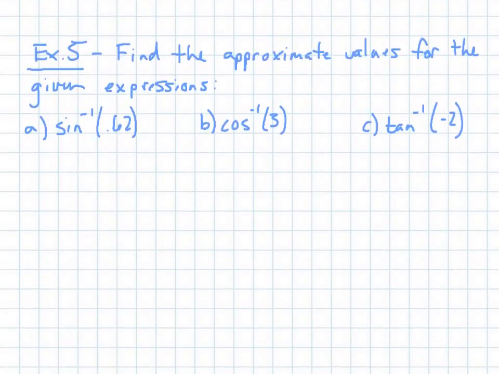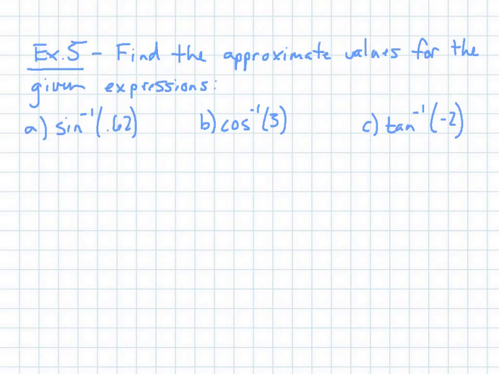If I want to find the approximate values, this is where your calculator comes into play. So I'll show you this specifically. If I want to find inverse sine on the calculator, there are inverse sine, inverse cosine, and inverse tangent above your sine, cosine, tangent buttons.